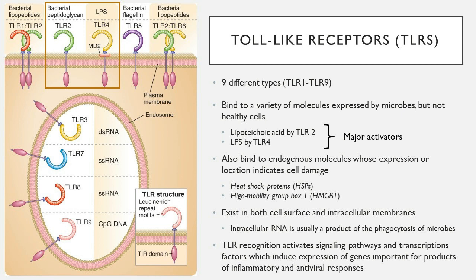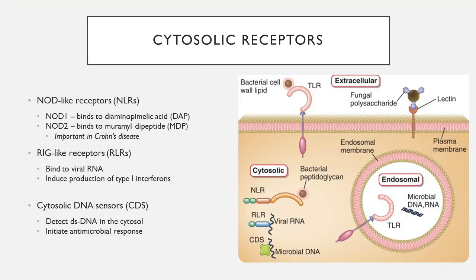So if these cells were to break down pathogens or viruses, they would find themselves in the intracellular space, hence why you need the toll-like receptors on the inside that recognize things like double-stranded RNA or DNA, products of viruses. Then, once a toll-like receptor recognizes these antigens, it activates signaling pathways and transcription factors that induce the expression of genes, which eventually help express cytokines that are important for the inflammatory and antiviral responses.